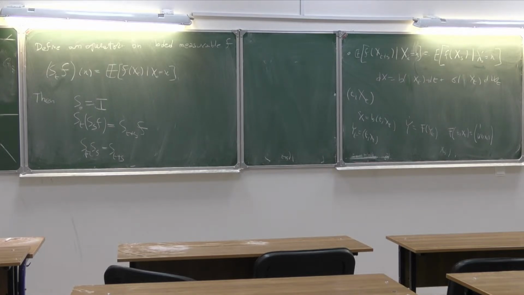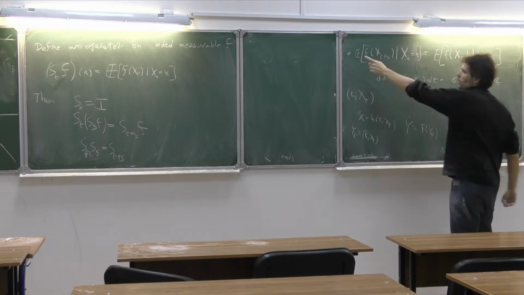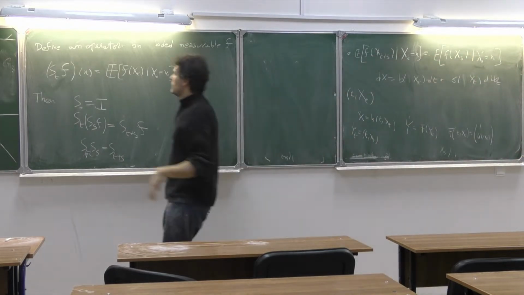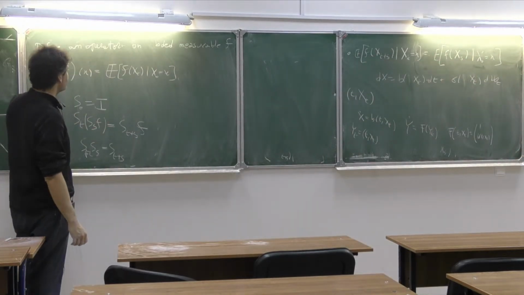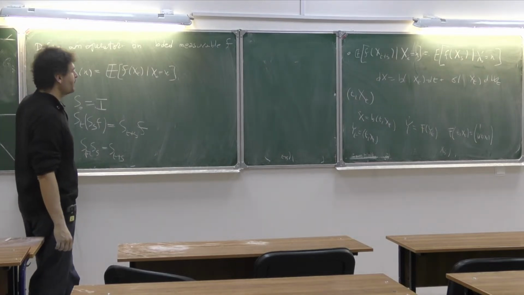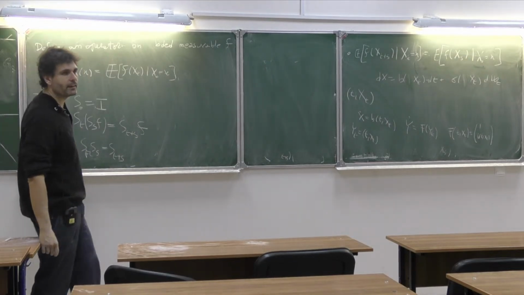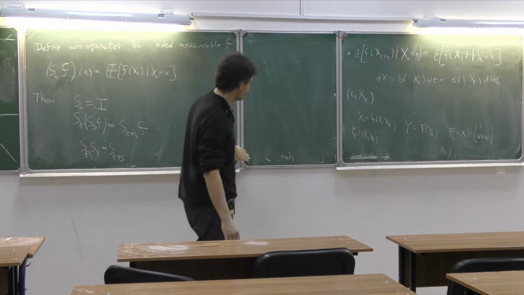They are the same because, if I have the probability measure, the law of x, I build this guy. But if I have this guy, I can build the finite dimensional distributions of the Markov process.